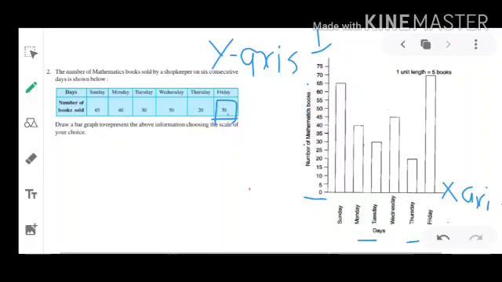On Sunday, the shopkeeper sold 65 books. So here 65. You have to write 65 here also. On Monday it sold 40.